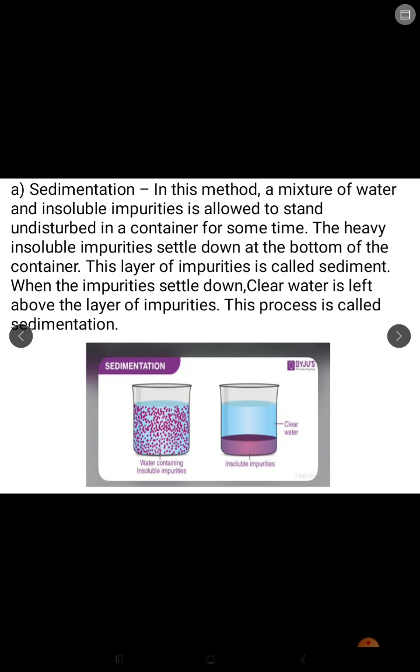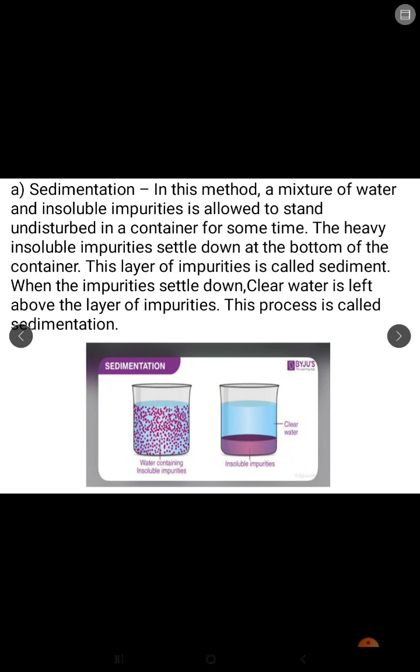You can see here impurities are mixed in the water, and after leaving it for some time, the insoluble impurities settle down at the bottom. This layer of impurities is called sediments.